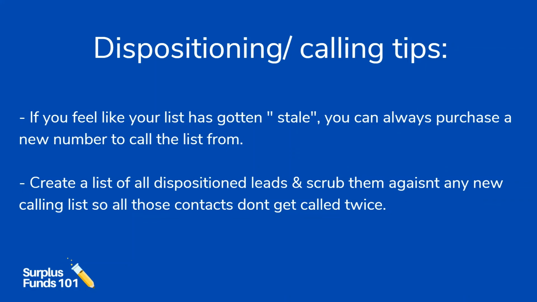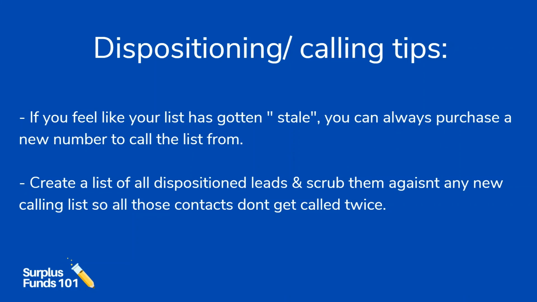Another thing, and this is bigger than that last one, is you need to create a list of all the disposition leads and then scrub them against any new calling list so you don't call them twice. I know a lot of you are working in states where you're getting bulk data from the state. You're going to get that bulk data once a year, twice a year, and there's a good probability that the same contacts are going to be on there, because people can't get a hold of certain people, and you don't want to call those same people over and over again.